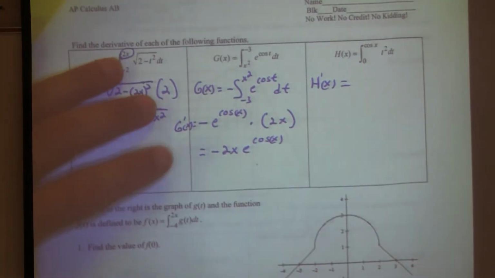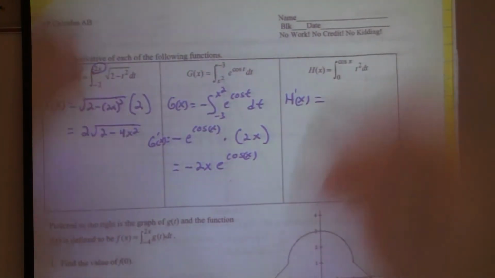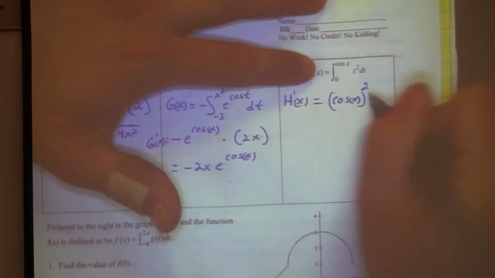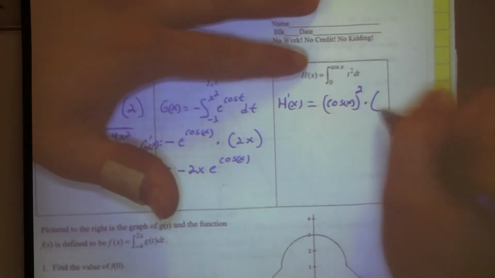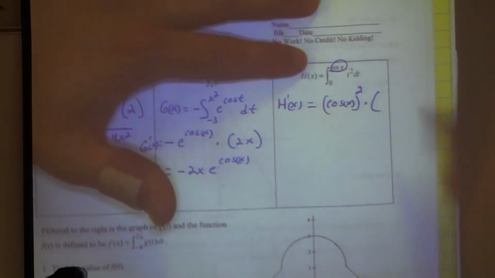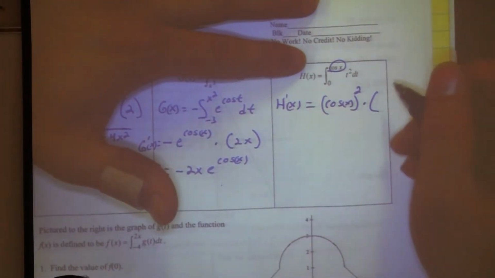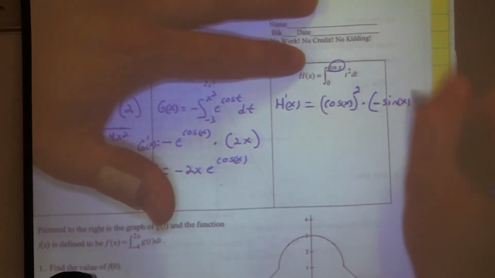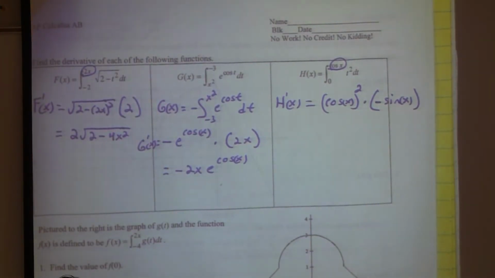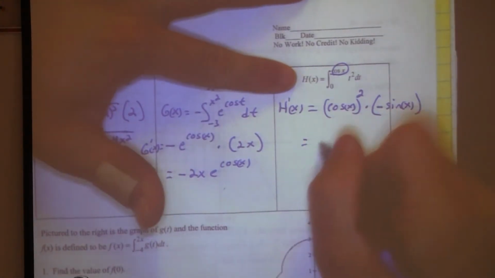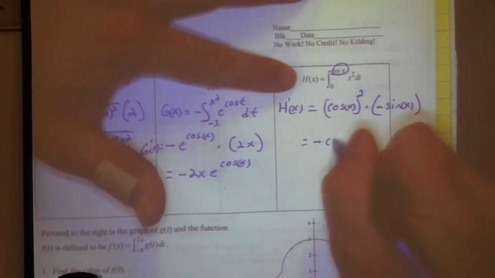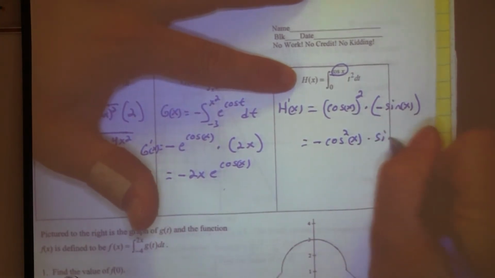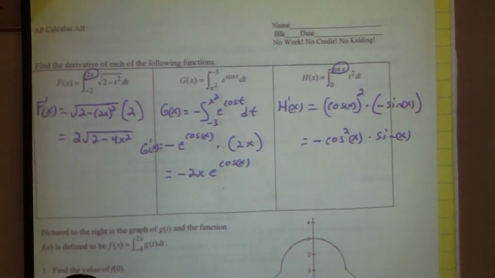This one's ready to go. Plug it in. What do we get? Cosine of x, the whole thing squared, times the derivative of that upper limit. What's the derivative of cosine? Negative sine. Oh, gotta switch our minds. Okay. What do we finish with here? Negative cosine squared x times sine. Super easy?